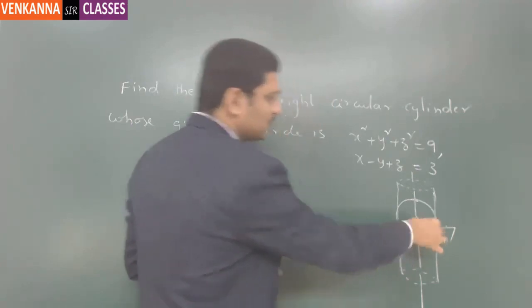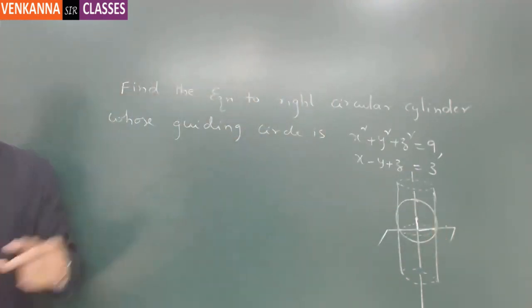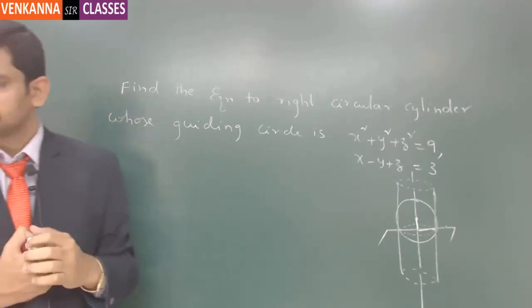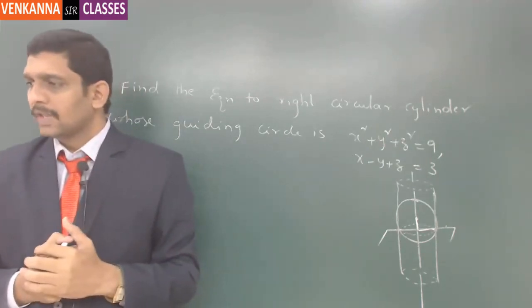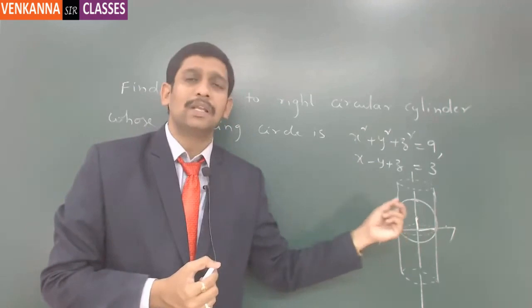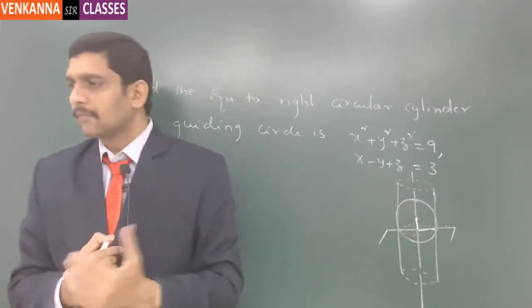So how to deduce this radius of that circle? Any guesses for anyone? Similar kind of thing you would have done in the spheres chapter. Whenever you have a circle, here the circle radius is nothing but the cylinder radius. How to get it there?